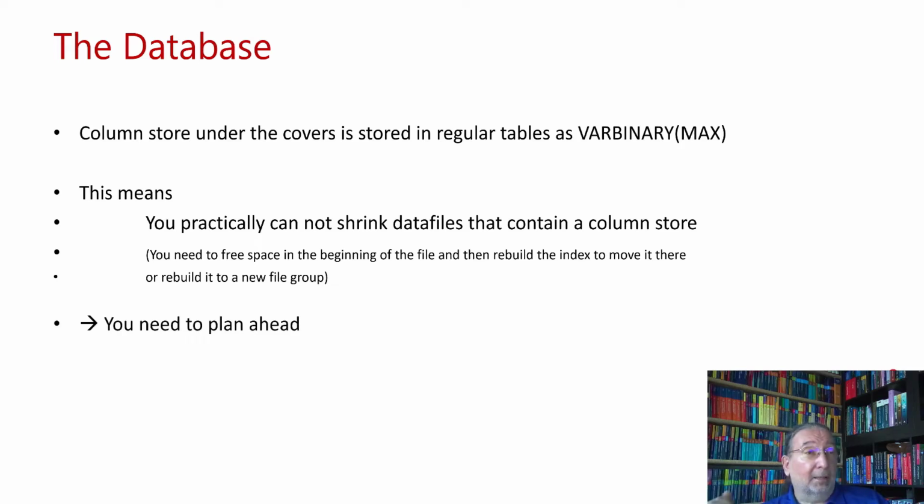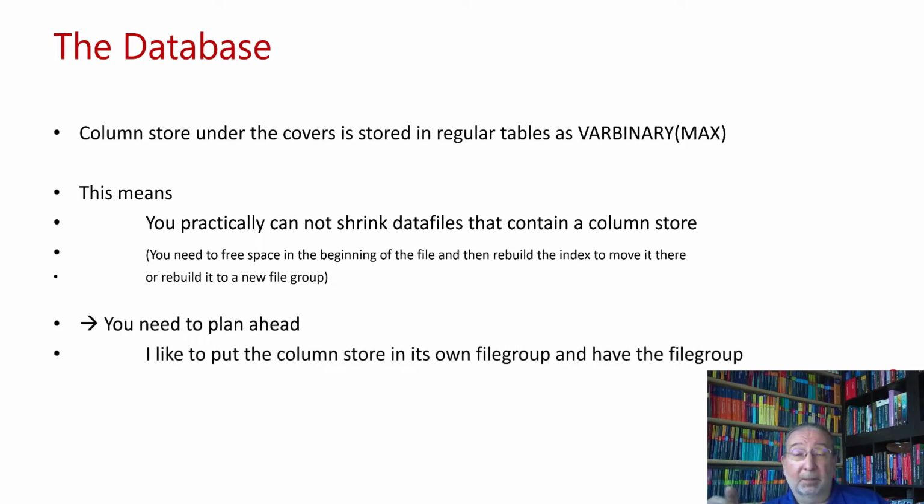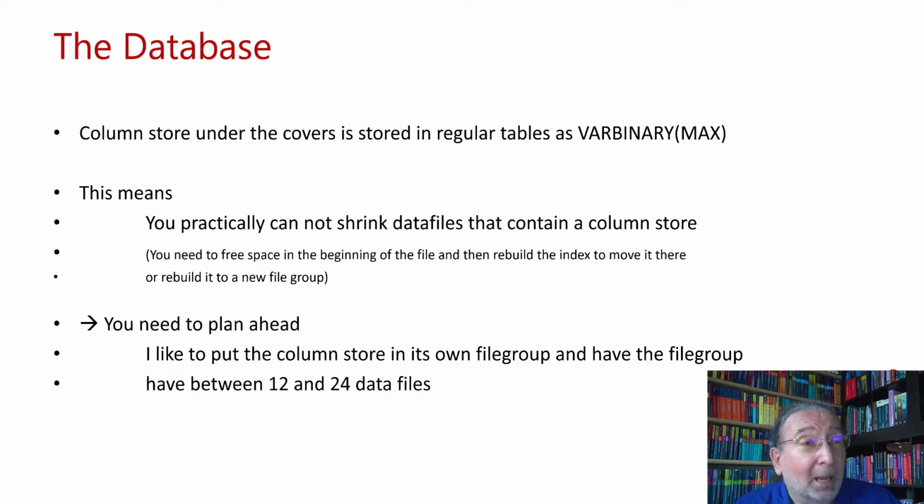You need to plan ahead and put them on their own file group where you put nothing else but this, so that in case you need to change that, you can always create a new file group, move it over there, and then drop the original one. Give it at least 12 to 24 data files so that each one is smaller and might not need to be shrunk that often.